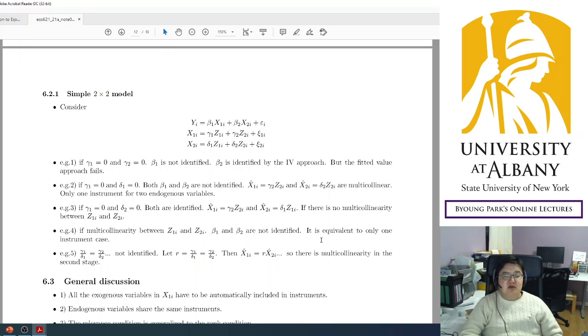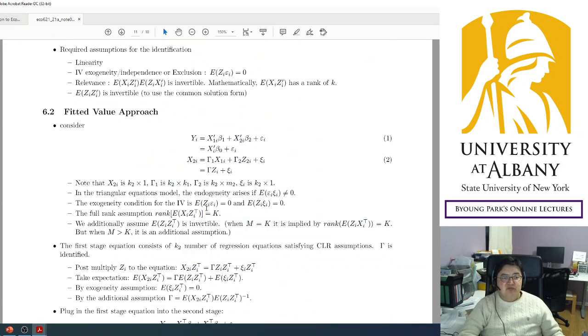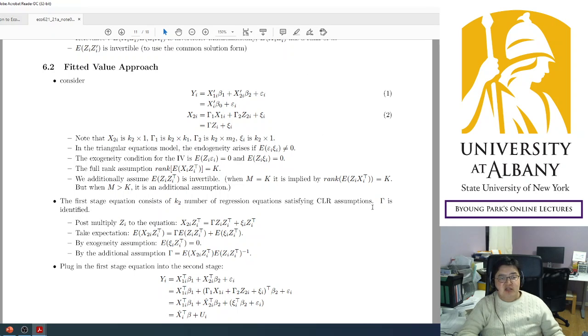So as you can see, among these 5, whenever the parameters are not identified, it is a kind of multicollinearity problem, because the purpose of the fitted value approach is to fix the endogeneity problem with two classical linear regression problems.